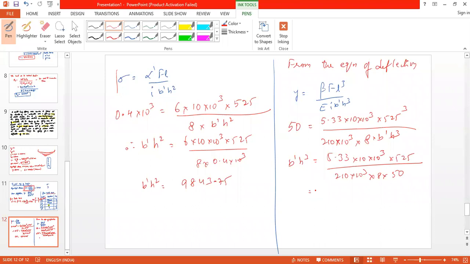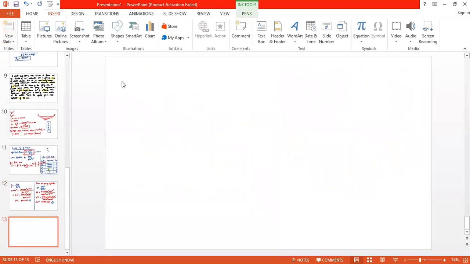So the answer is 91817.57. So this is b dash h cube. Now say this is equation 1 and this is equation 2.